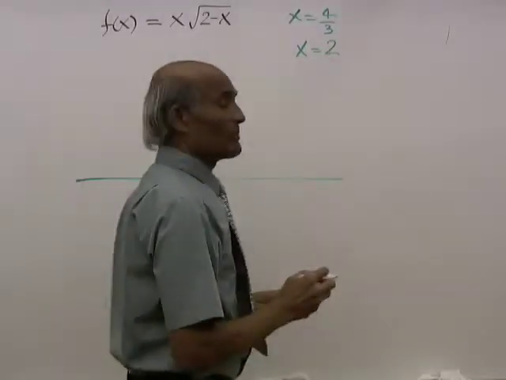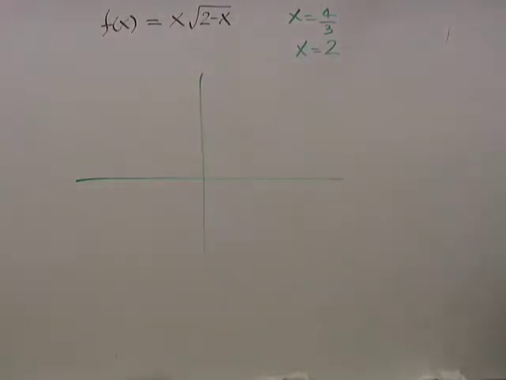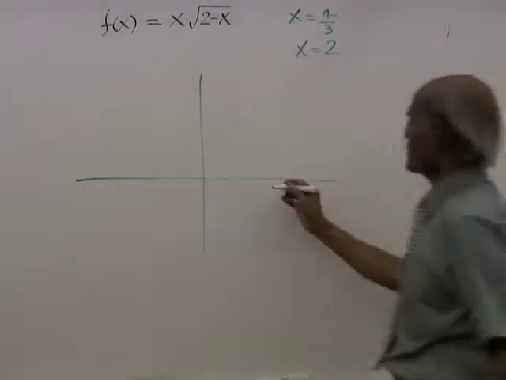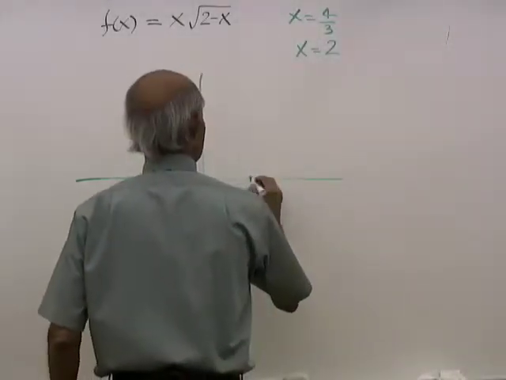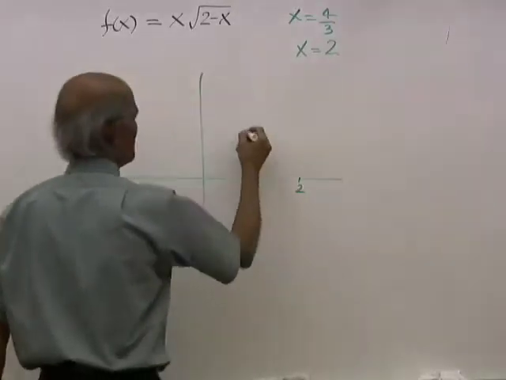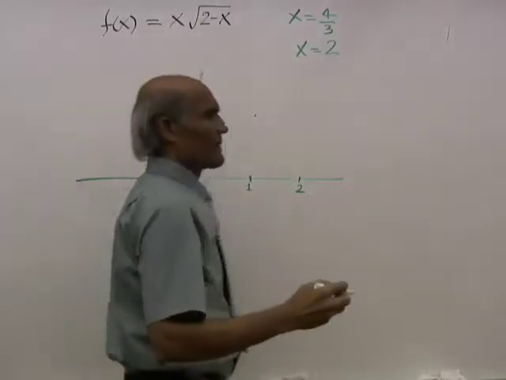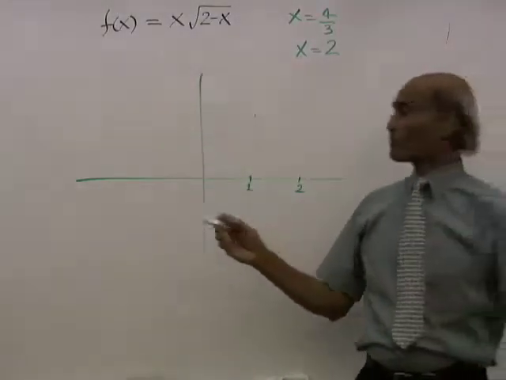Well, I would expect to see a maximum or minimum at x equal to 4/3. Is that right? If this is x equal to 1, and that's x equal to 2, I would see a maximum somewhere here. And how does the graph go?